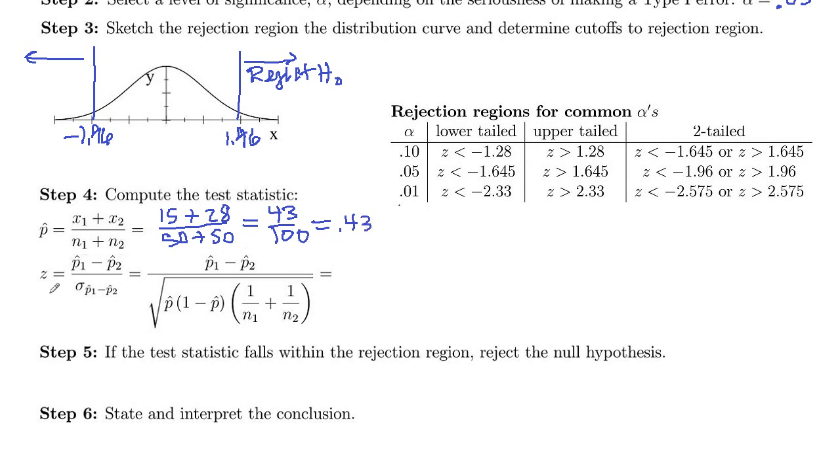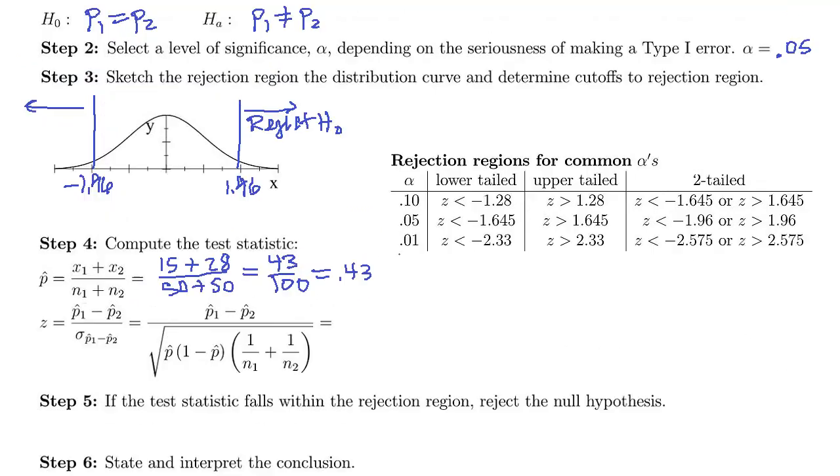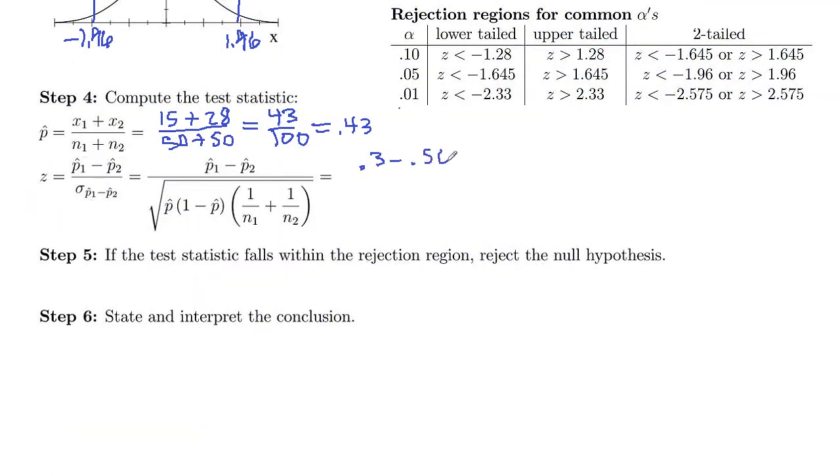So now let's go ahead and figure our test statistic. So difference of the two proportions. Our sample proportions, which we figured up above, were 0.3 and 0.56. So 0.3 minus 0.56 in the numerator.